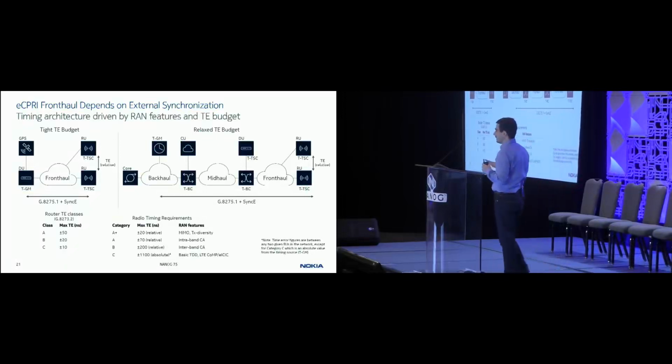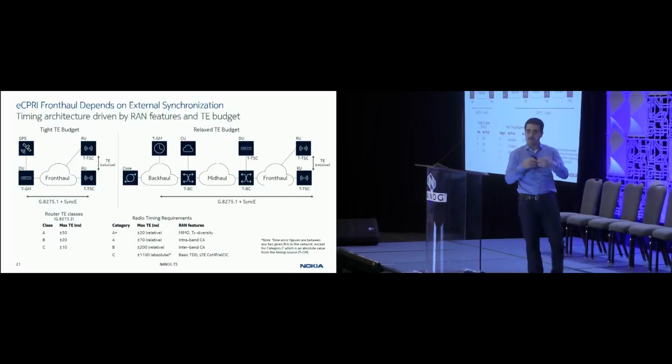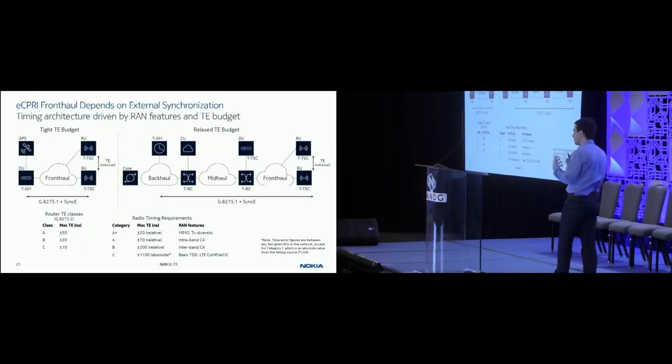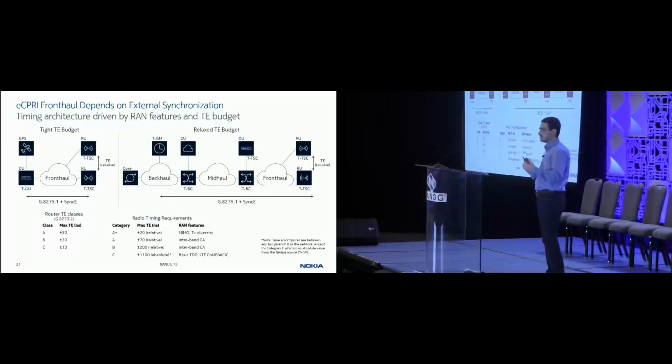The reason for using SyncE is that SyncE provides us with a very stable frequency base because it's a physical signal between Ethernet ports in different boxes. So with that specific stable SyncE signal, we can build a very stable time and phase signal on top of it with 1588, right? So those two protocols work together to create a stable timing scenario.